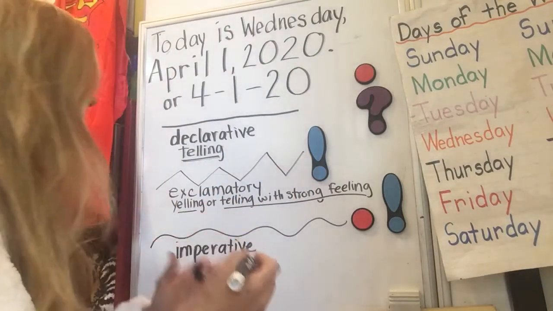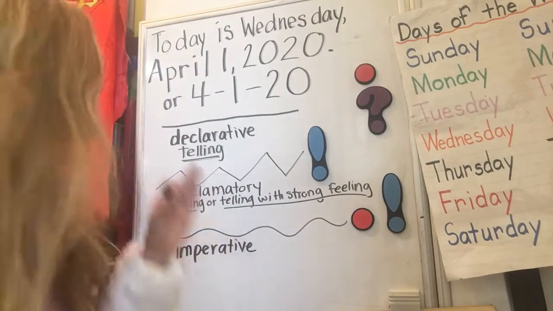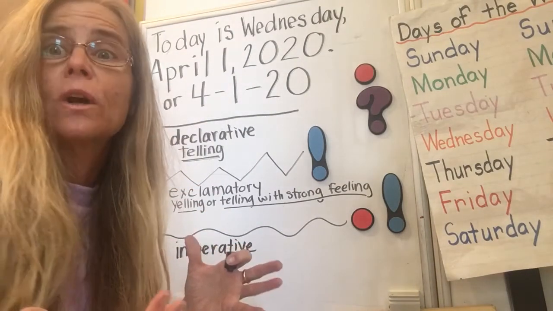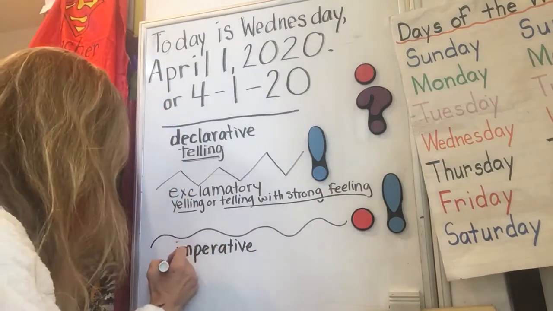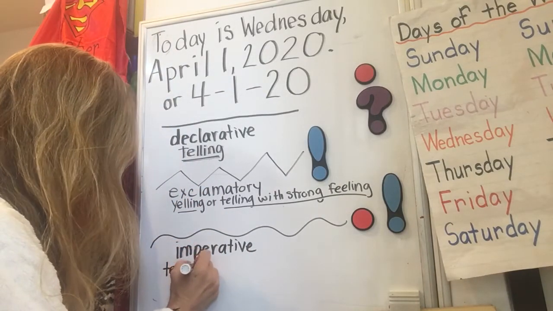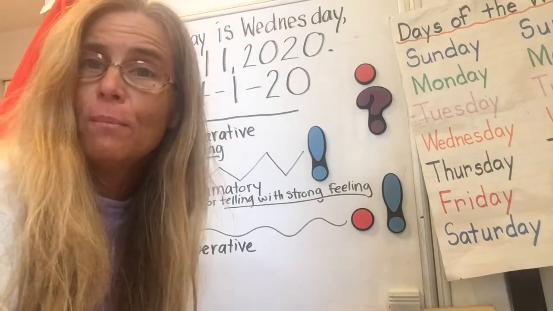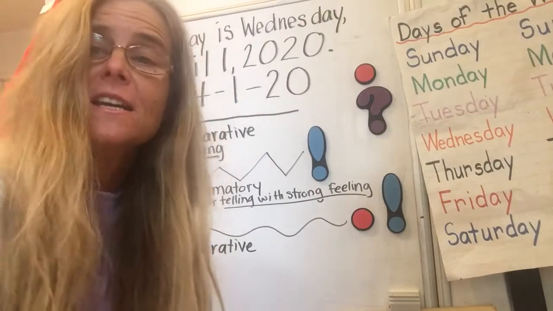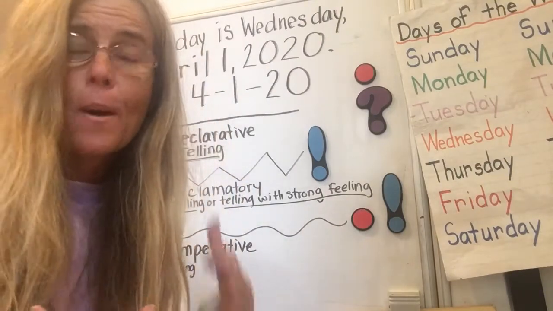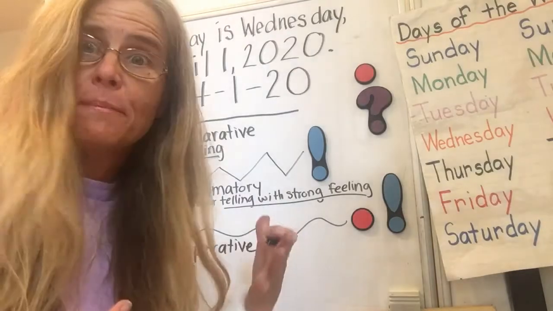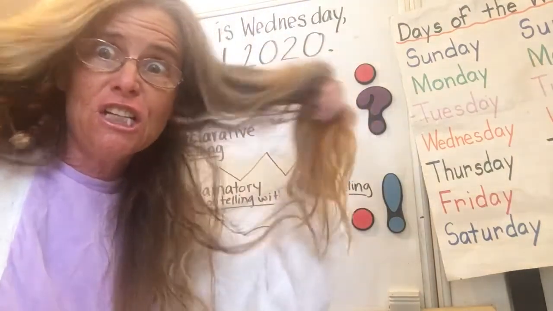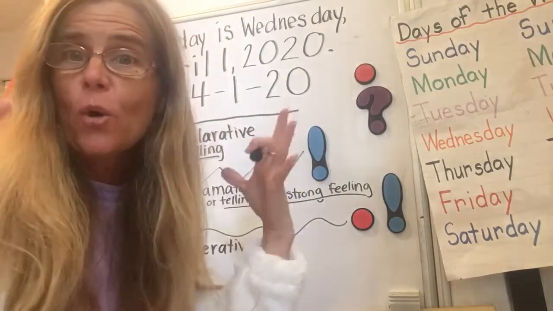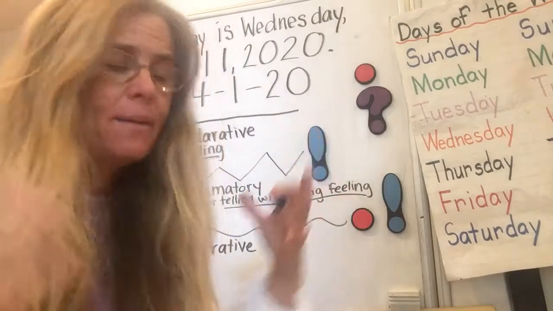So this is telling with yelling or commanding. I am sure that you have heard a lot of imperative sentences at your house the last 2.5 weeks because your parents are now parents and workers and maids and teachers without credentials or with credentials but not teaching their grade level. So it's crazy time.